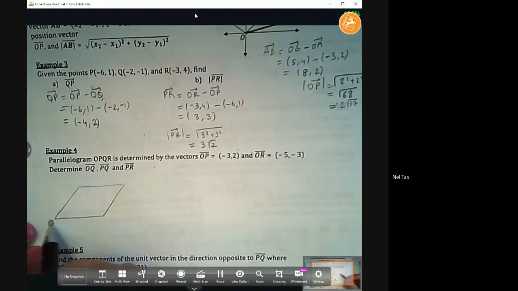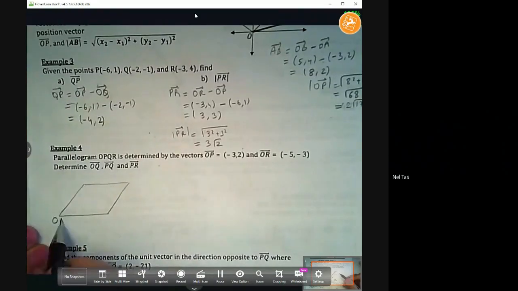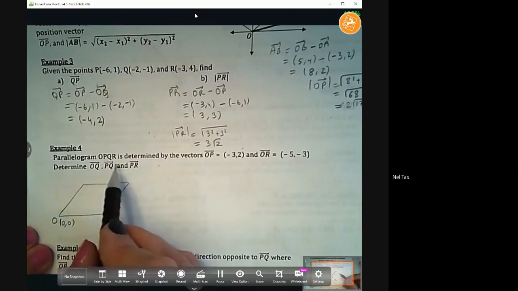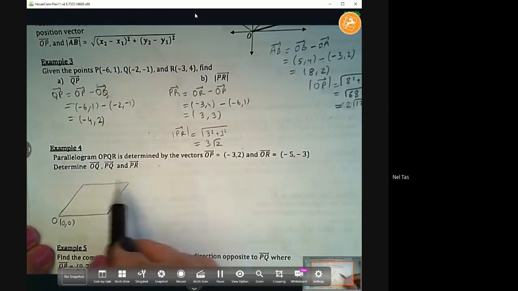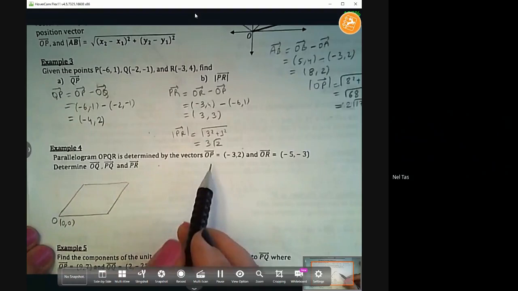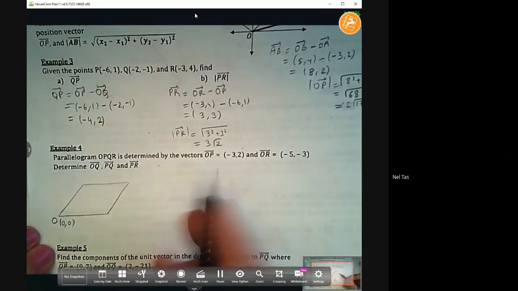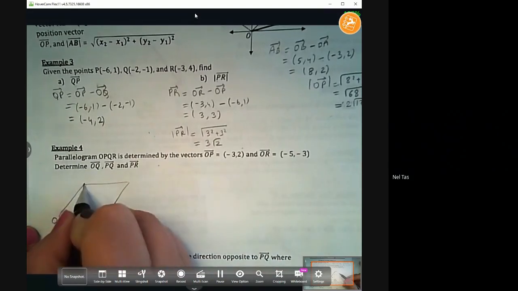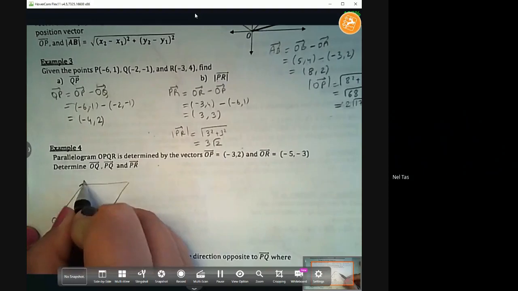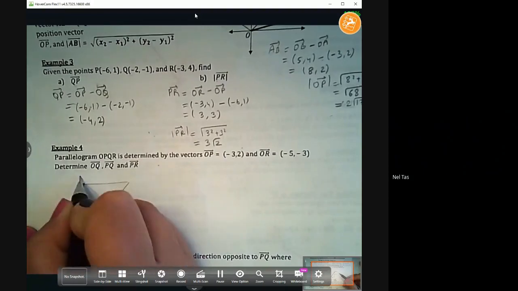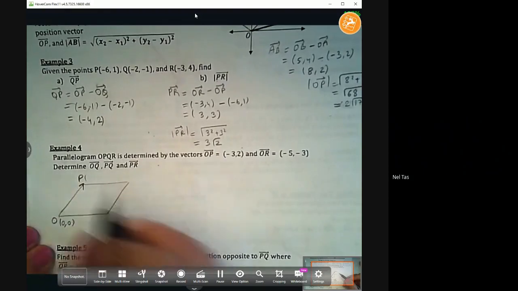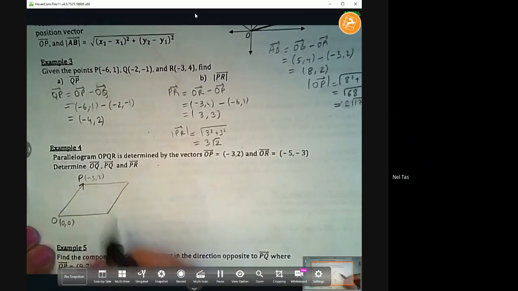So I'm going to take this as origin, so the coordinates are 0, 0. Now we have OP, so it is this parallelogram determined by OP vector and OR vector. Let's say this is point P, so that this vector is OP vector, (-3, 2).